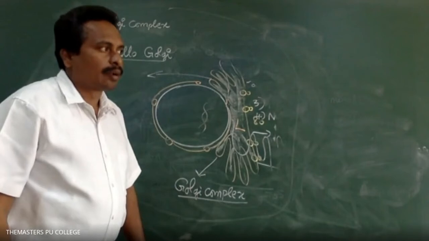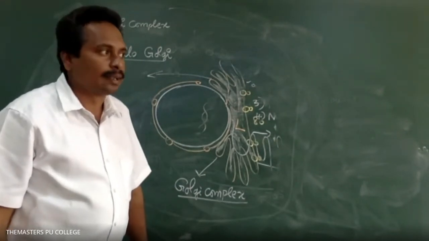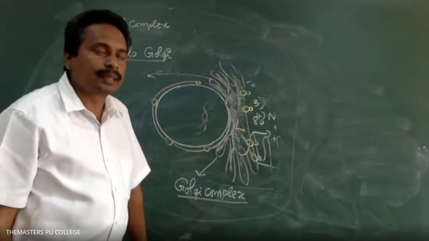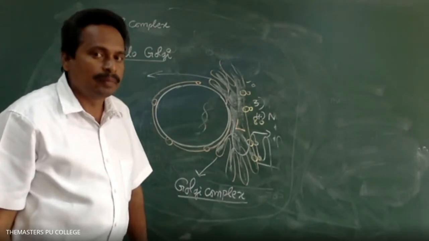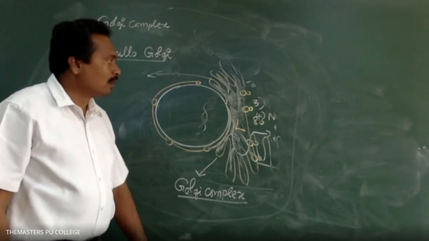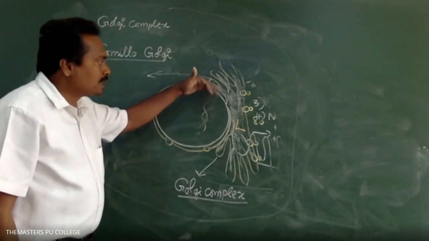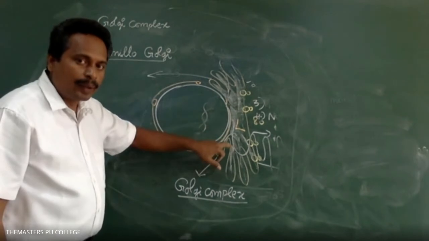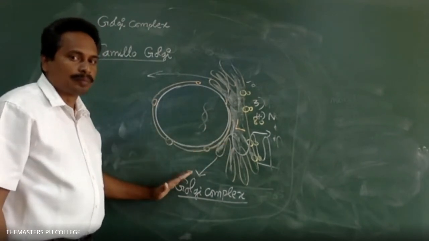In honor of his name, this organelle is called the Golgi complex. The Golgi complex cell organelle is developed from which cell organelle? Endoplasmic reticulum.